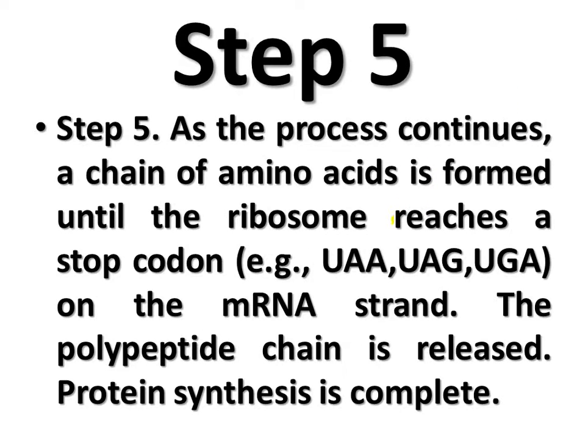Step 5. As the process continues, a chain of amino acids is formed until the ribosome reaches the stop codon. Ano po yung mga stop codon? UAA, UAG, and UGA. Kanina, di ba, ang strand ng bagong DNA mag-start sa AUG?